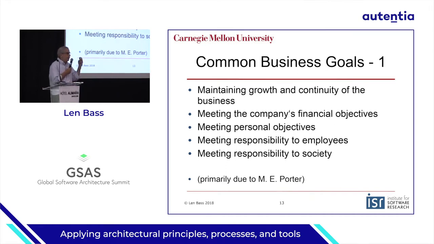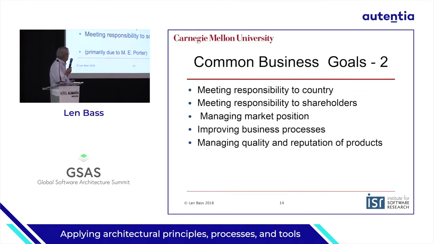People have categorized business goals, and presumably people in business schools do. This is a categorization from somebody named Porter, and he has a list here. You have a number of different business goals that you might start out with, and here's the rest of this list.